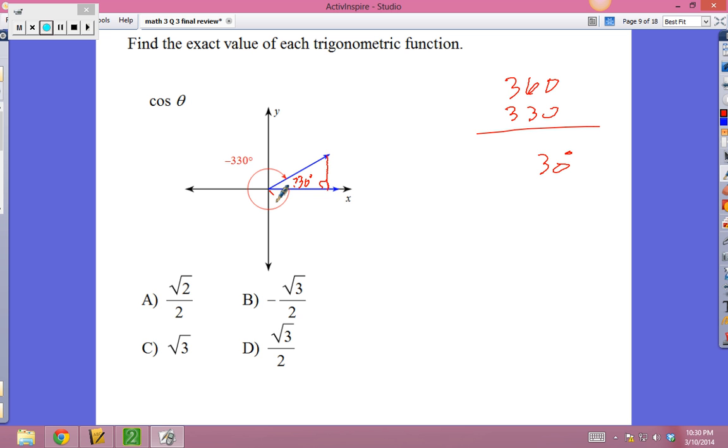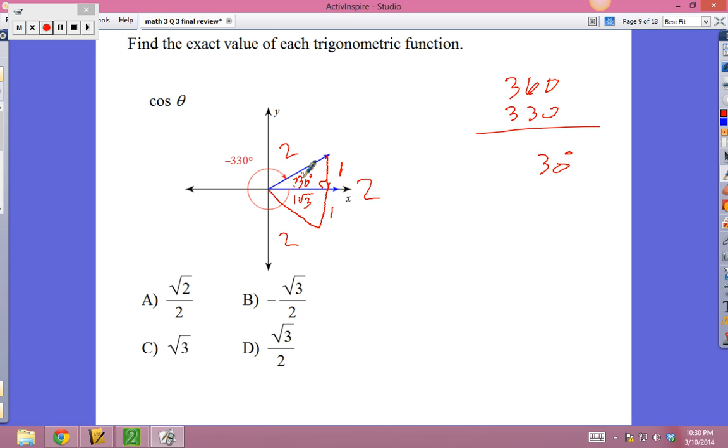Okay, now 30 degrees is half of an equilateral. And an equilateral, I'm going to make them all 2, 2, 2. So if they're all 2, I know this is going to be 1 and this is going to be 1. And I know this is going to be 1 times the square root of 3. And in this triangle, everything's going to be positive. We're in quadrant 1, everything's positive.